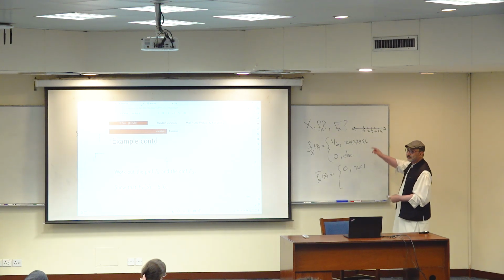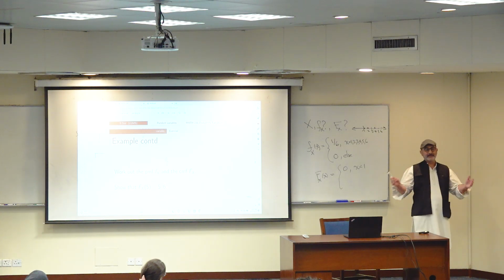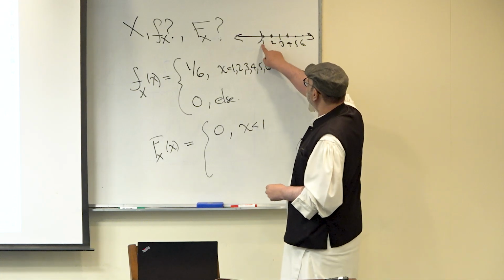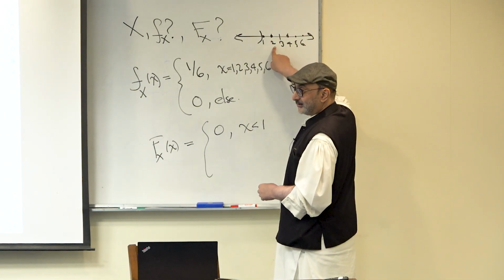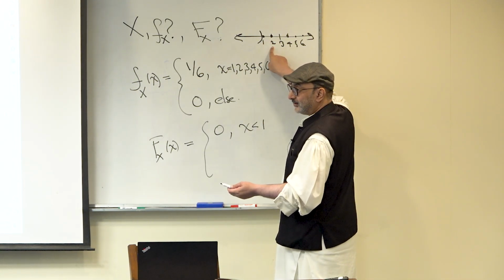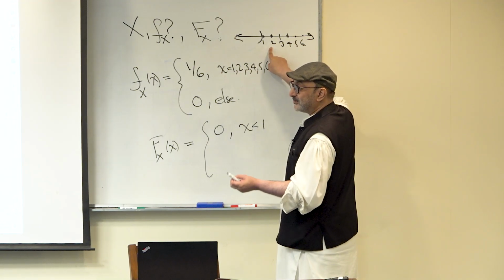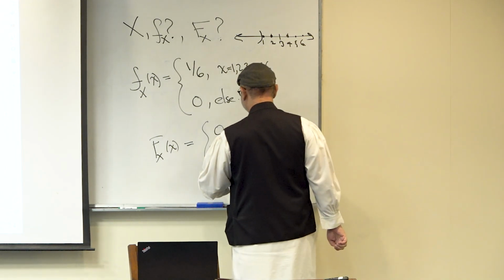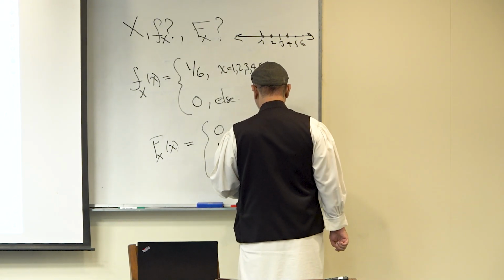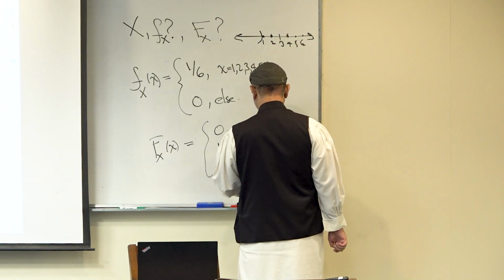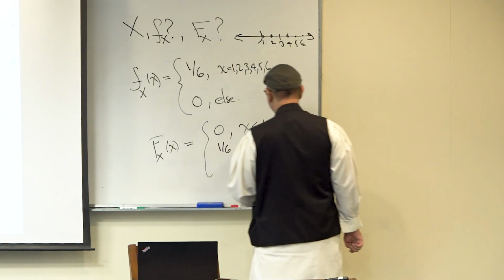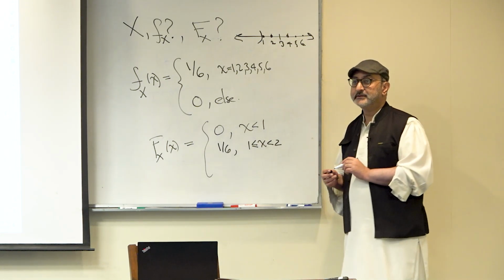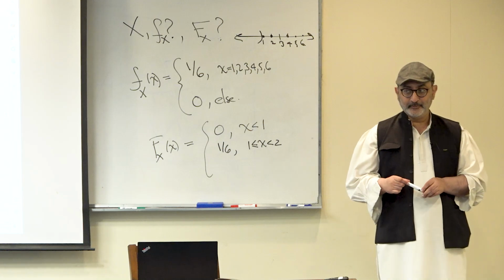What about 1.99? Same thing. So all the way from 1 to 2, but not touching 2, the probability of taking a value less than or equal to that is 1/6. So x is bigger than or equal to 1, we shouldn't touch 2.